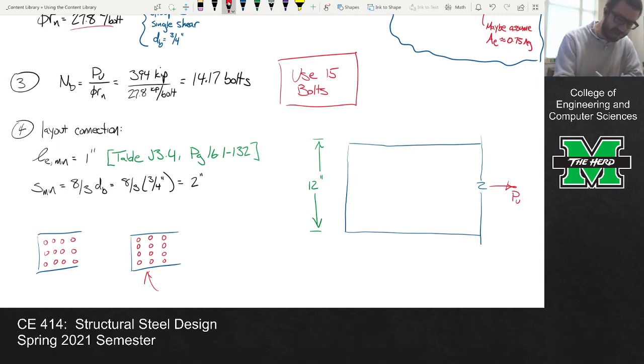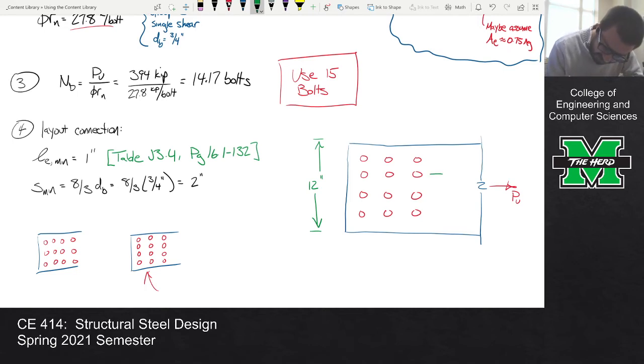Let me ask you this. If we went with this, so we did 1, 2, 3, 4. Can somebody help me out? What would this distance be? And how many of them would there be? So there's one here, one here.